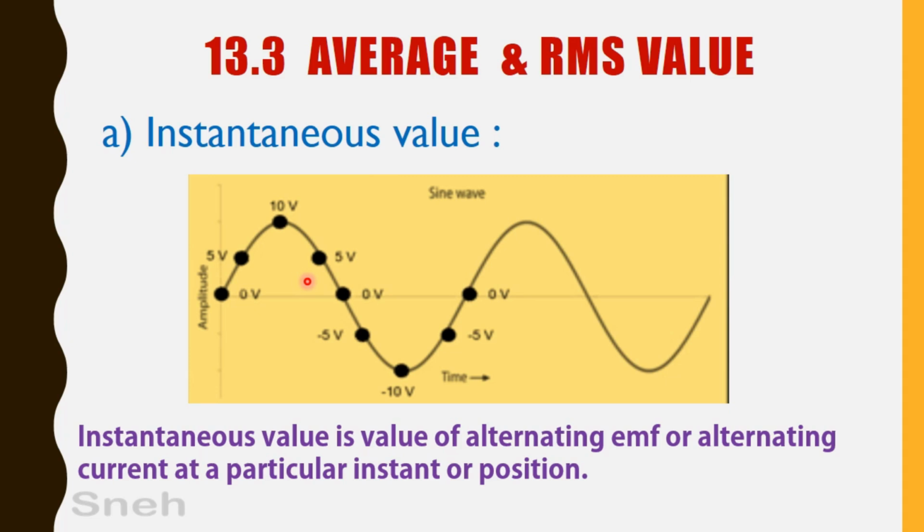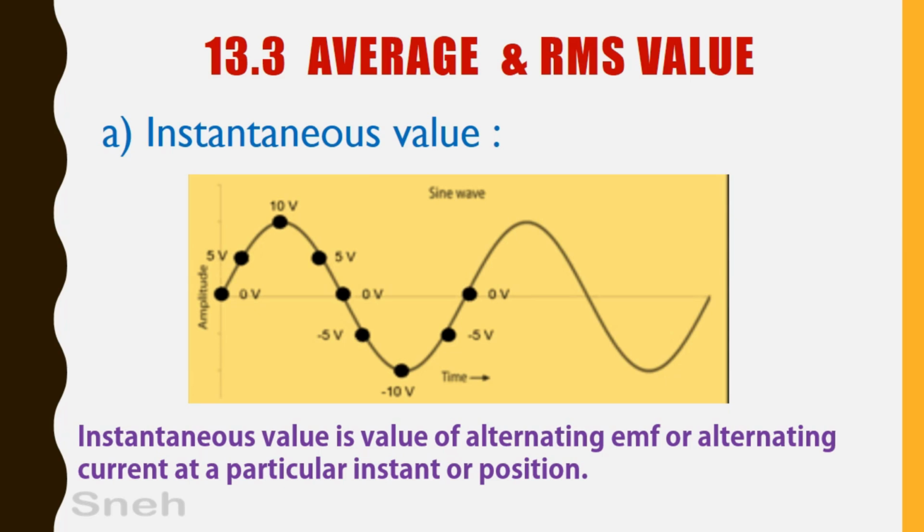Now as I have this instantaneous value and it is continuously changing, if I want to measure this alternating EMF or alternating current, can I use an ammeter and voltmeter? Can the ammeter and voltmeter measure this? The answer is definitely no, because as it is varying, it is not able to measure the value.